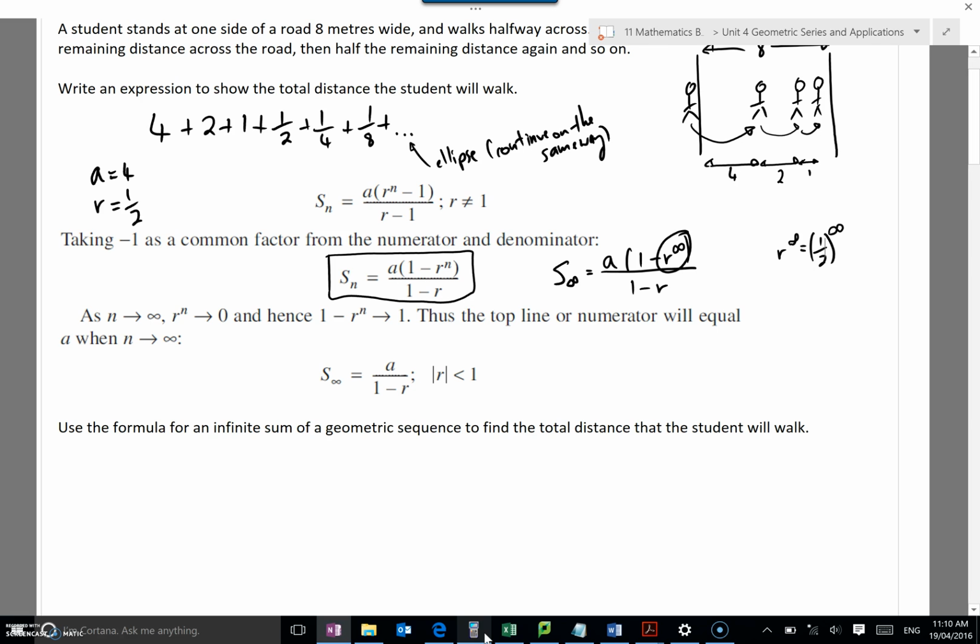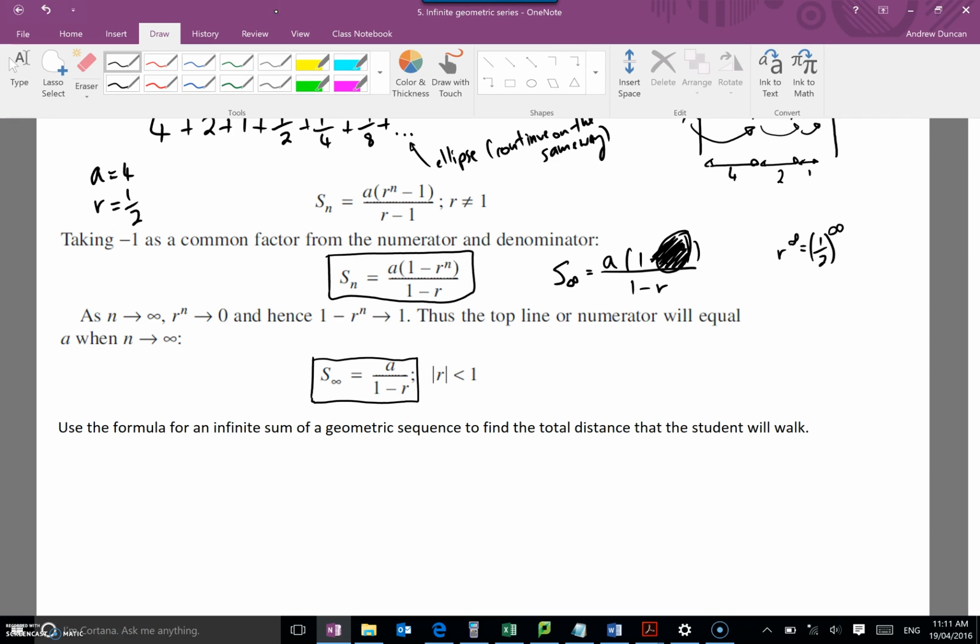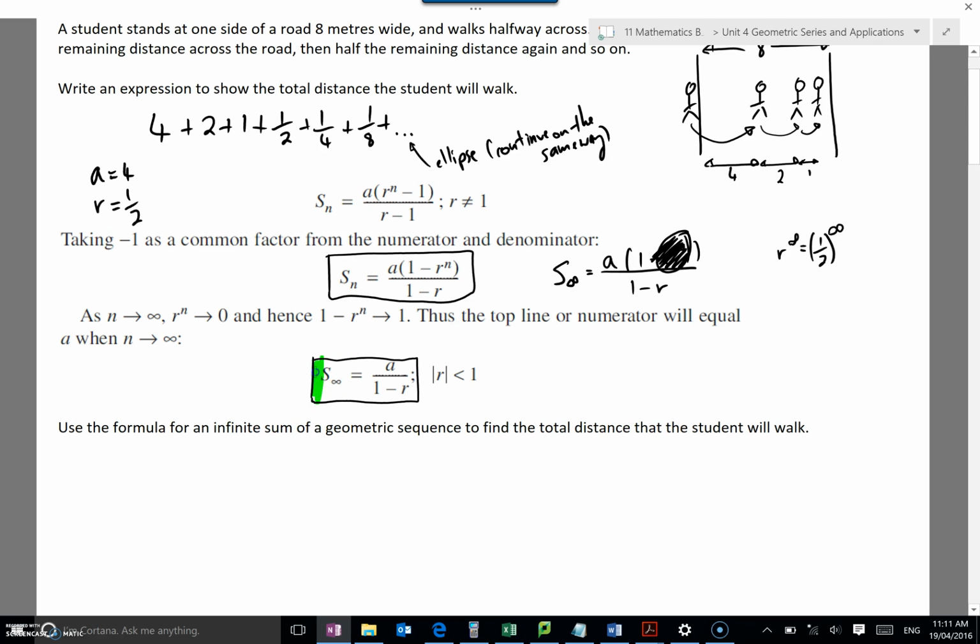So in our formula, this r to the infinity term is essentially 0. It's going away. And all we're left with on the top line is a times 1, which is just a, and the 1 minus r on the bottom. So if we want to find the sum of infinite terms, there's our formula here. We'll put a box around it and color it in green. Green, because green is good, to find the sum of infinite terms.